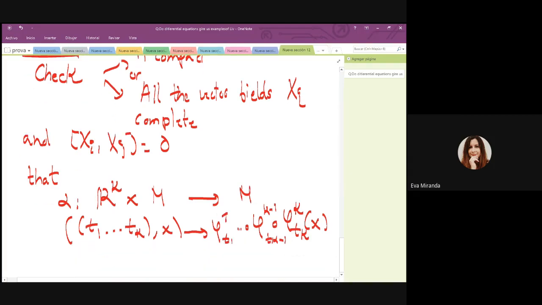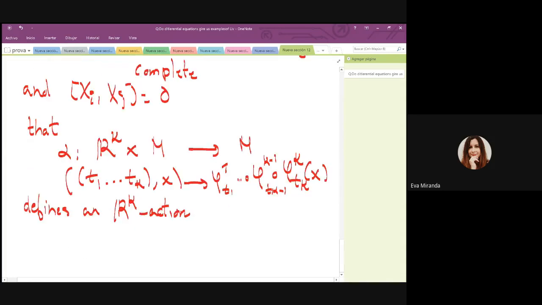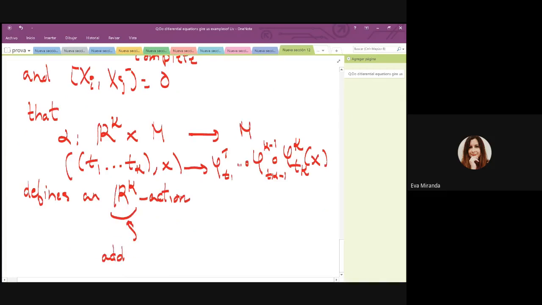So you can check that this defines an R^k action where the action here we consider the additive group structure. Okay, I leave this as an exercise.